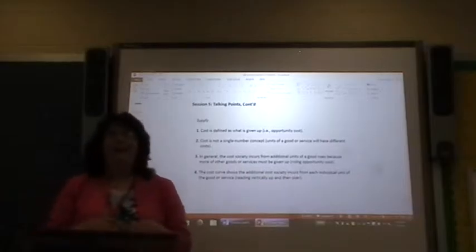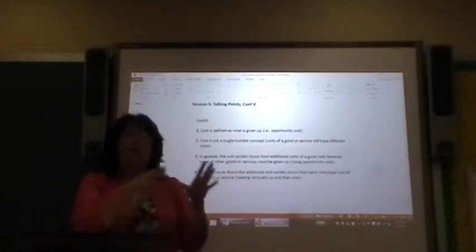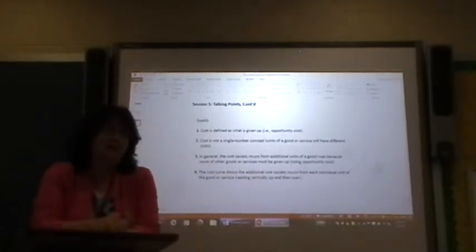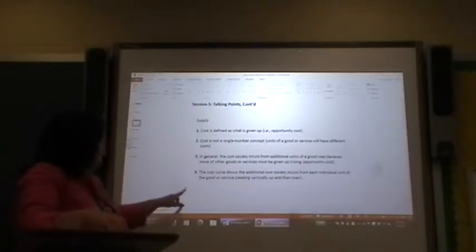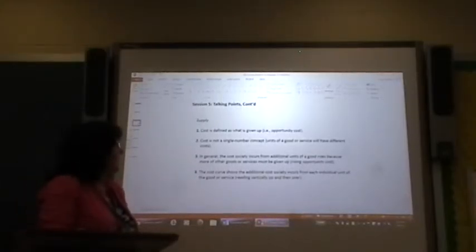So it can have that time investment cost, or if you just receive that money in a birthday card, it would just be a monetary cost because you didn't have any time invested in that money that then translates into goods or services. In general, the cost society incurs from additional units of a good rises because more of other goods or services must be given up.